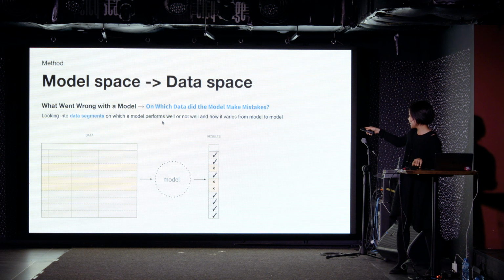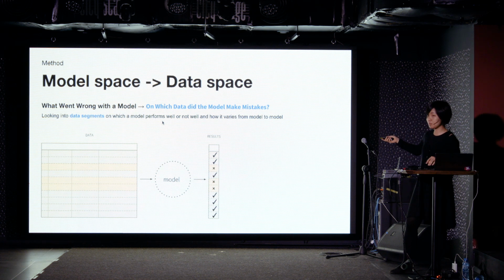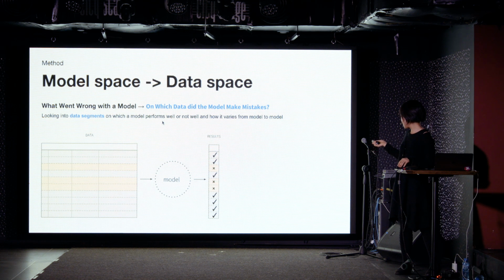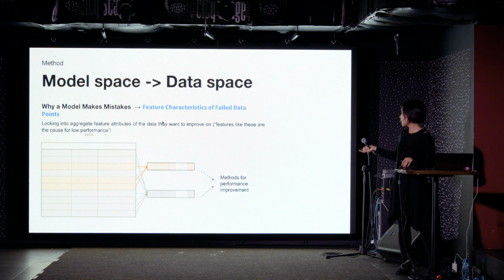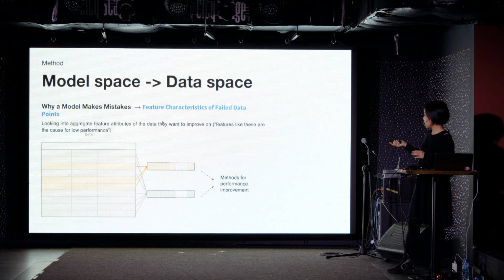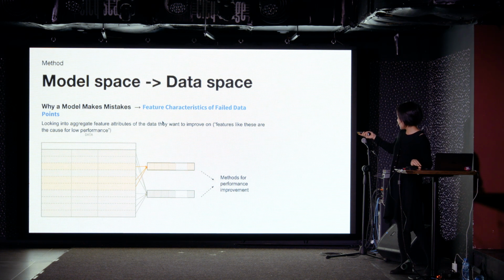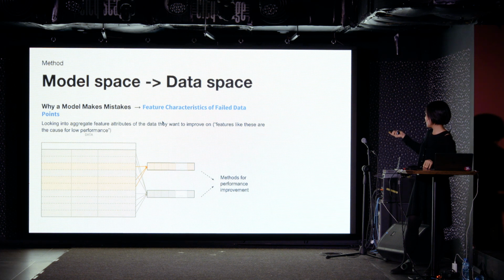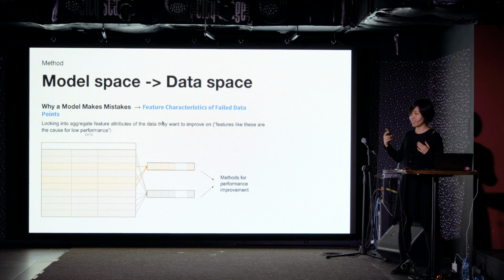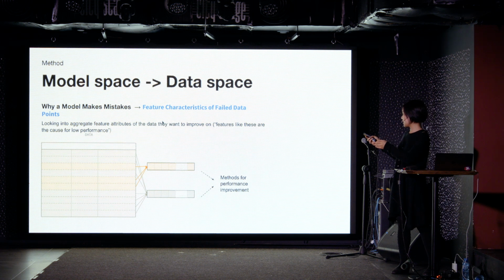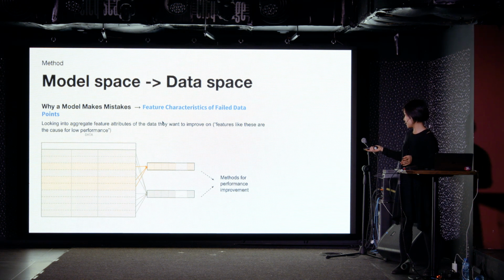We look into the data segments on which a model performs well or not well, and how it varies from model to model. Also, instead of looking at why a model makes mistakes, we look at the feature characteristics of failed data points. We look into the aggregated feature attributes of the data that they want to improve on, so that they can have a good idea: okay, these are the features that are causing the low model performance.